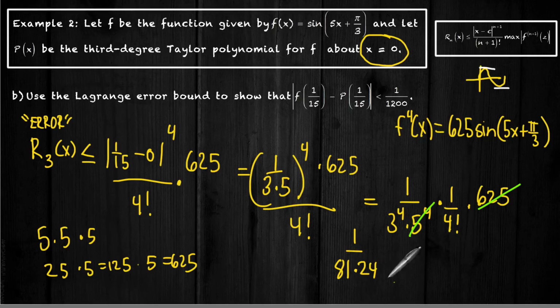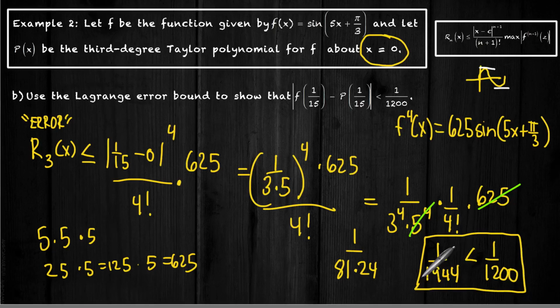We can multiply that out on some paper, and we get 1 over 1944. 1 over 1944 is indeed less than 1 over 1200. So therefore, we have proven that the error in using our polynomial at approximating 1 over 15 is certainly less than 1 over 1200.